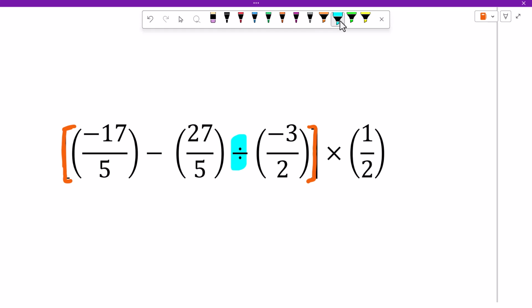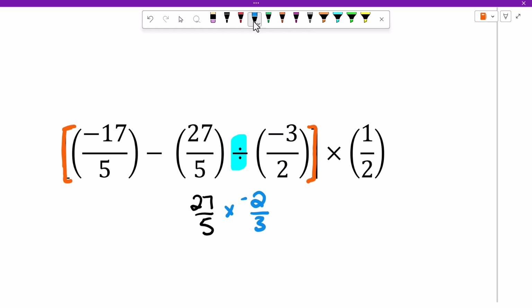So if we're dividing, what is the first step that we do when we're dividing? Switch. So keep, flip. So the 27 over 5 stays the same. Notice, I am not going to write everything down. I'm only writing down what I'm working with. It'll lead to fewer errors and be easier to follow. I'm working with this operation, so that's the only thing I'm writing down.